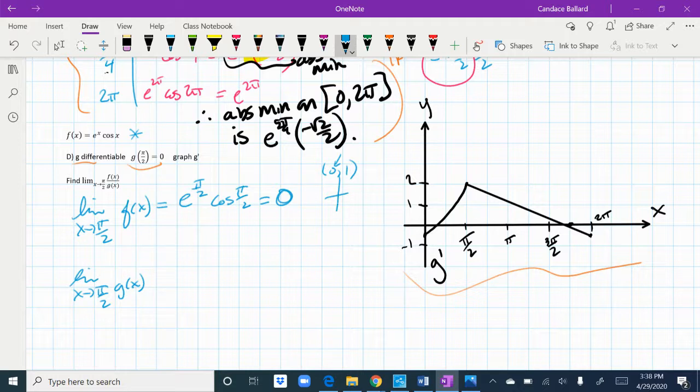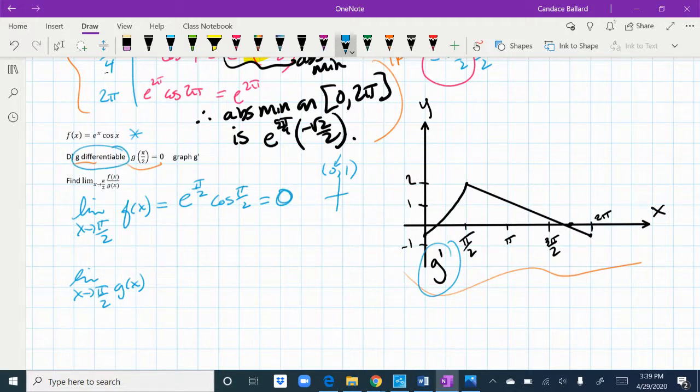Now g. Interesting. They didn't give me a function for g, but they gave me a graph of g prime. So I have to use that graph of g prime and some of these other facts about g in order to deal with g. One thing that was super important: since that's the graph of g prime, in order to understand that graph, I need to know that g is differentiable.